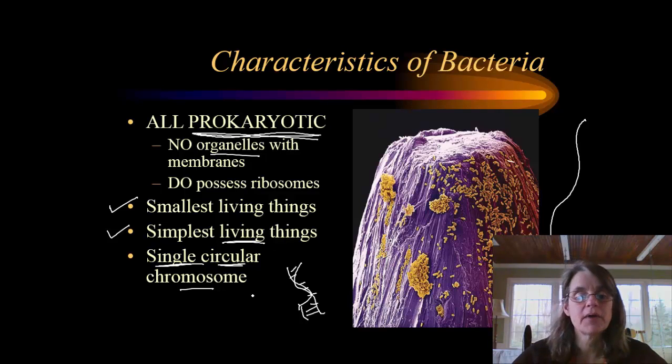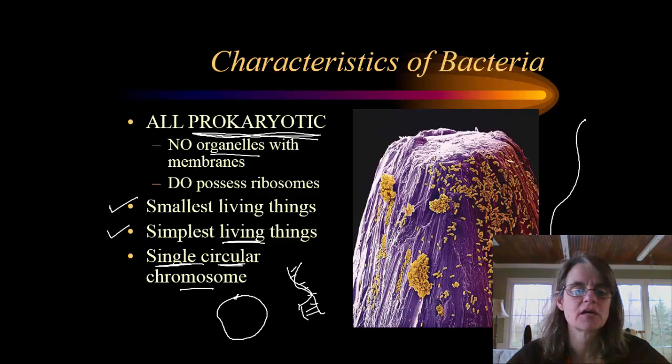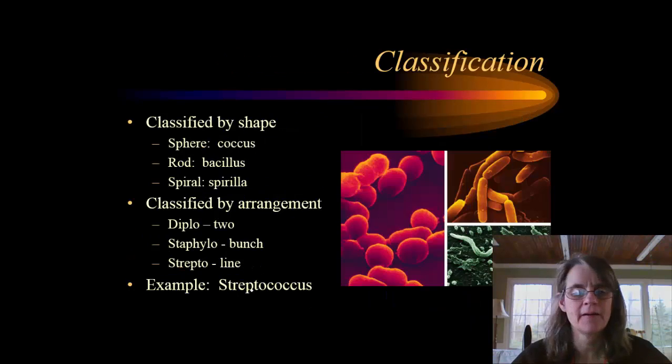What we are talking about with a bacterial cell is a piece of DNA that is in the shape of a circle. It's still a double helix, but it's in the shape of a circle, okay? And of course not contained in the nucleus.